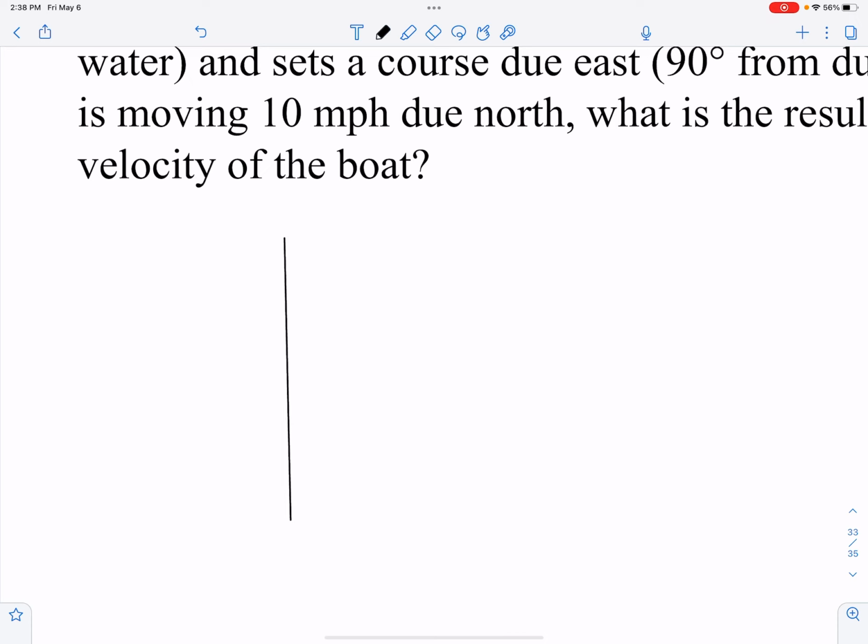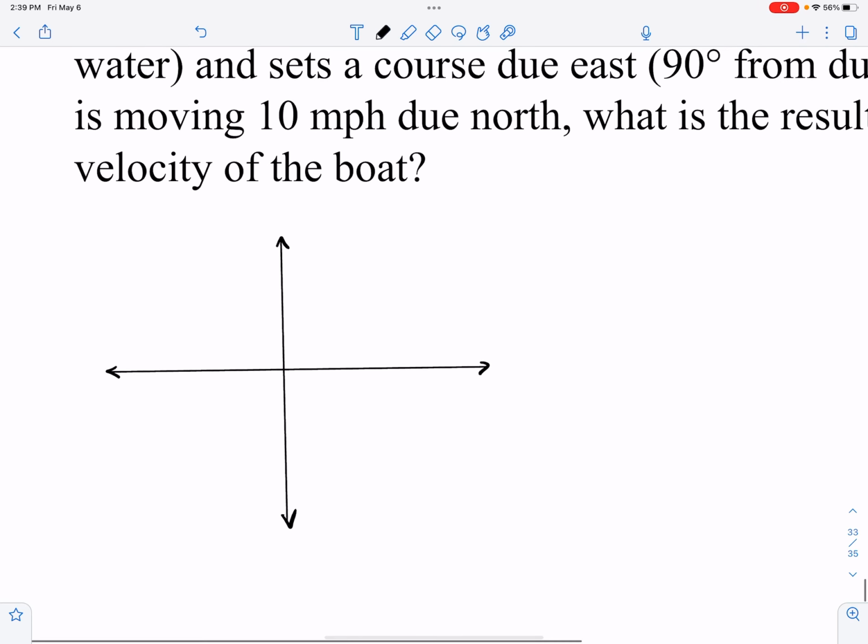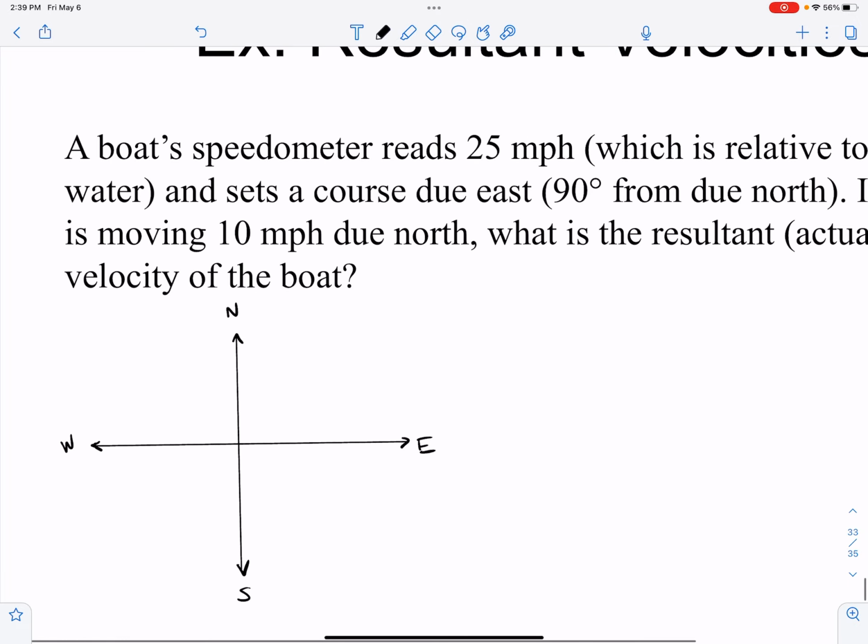However, instead of labeling X and Y, I'm going to label north, south, west, east. But I'm going to draw each of these vectors, each directed line segment that represents these different vector quantities, in standard position.